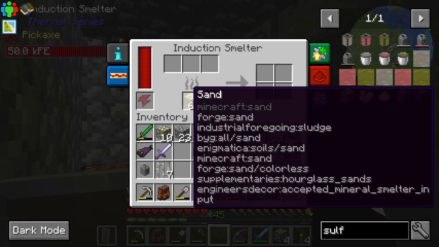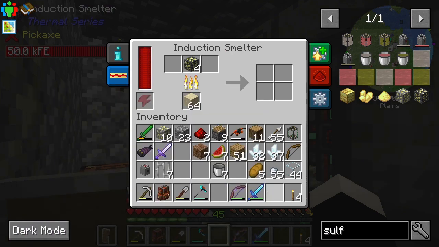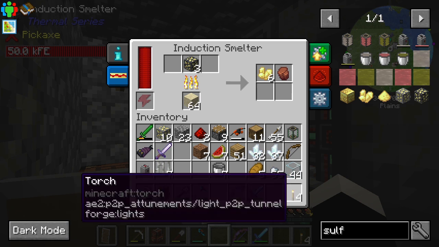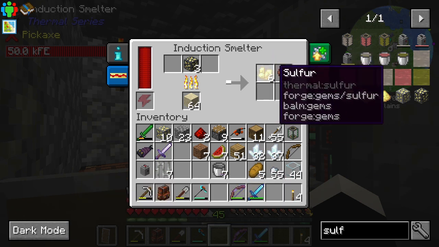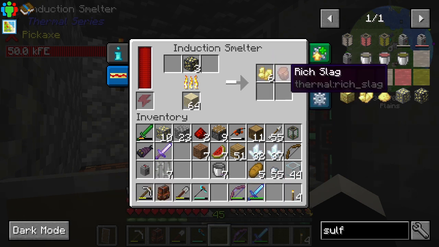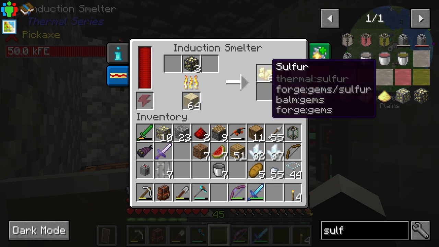Put this in. And there you have it. In fact, that's more than I thought I'd get. Maybe it smelts it in multiples of 3. I don't know.